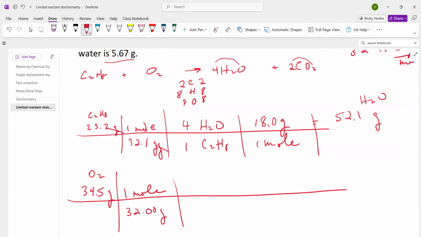Now we need to go from O2 to water. And let's see, O2 is 7 and water is 6. And then that's 18.02 grams per 1 mole.